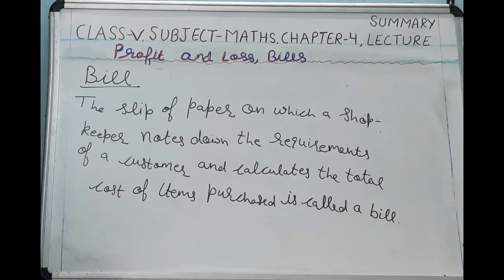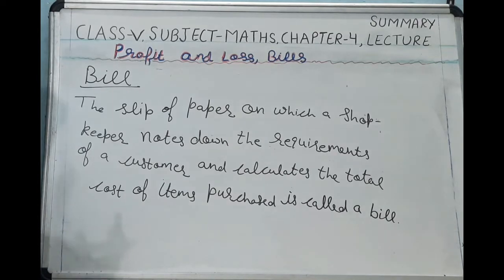And now, what are the issues of a bill? What are the things which are important, which are written on the bill? This we will understand. First of all, name and address of the shop.